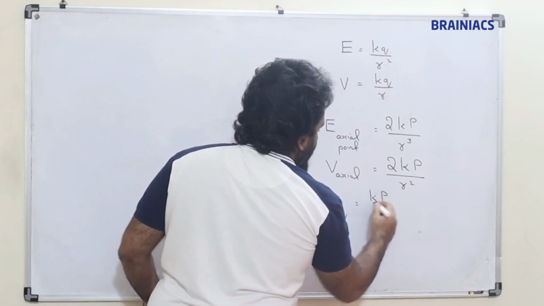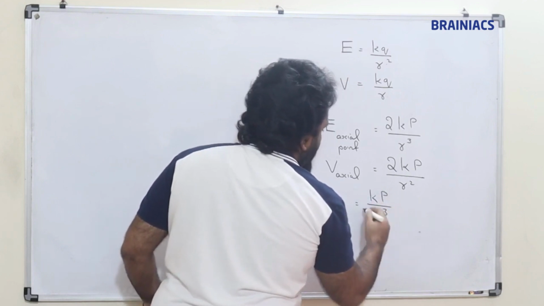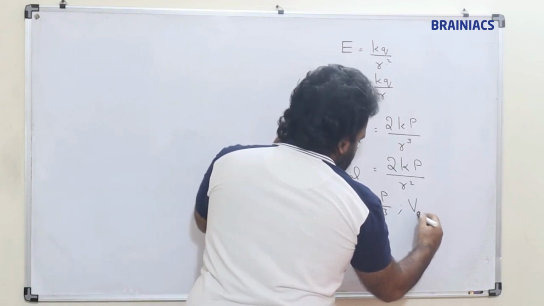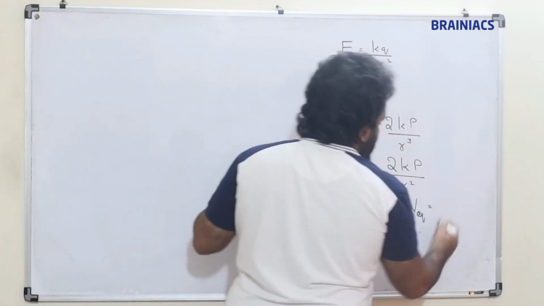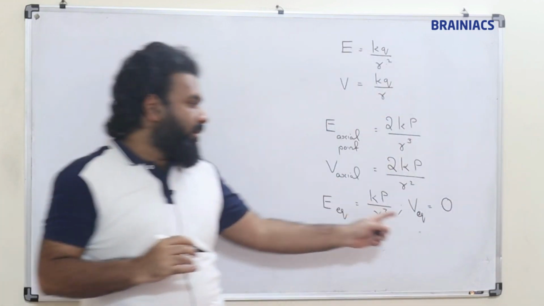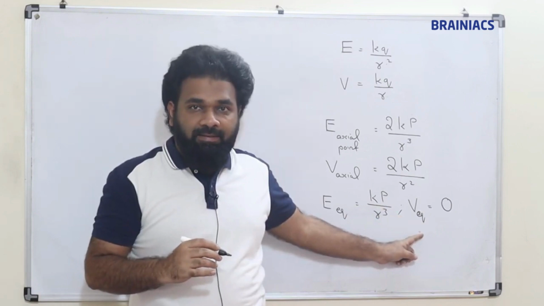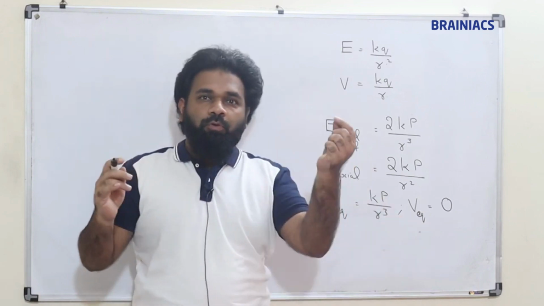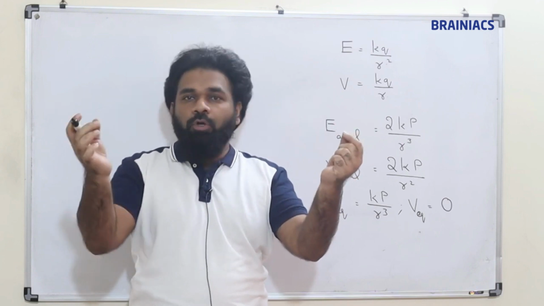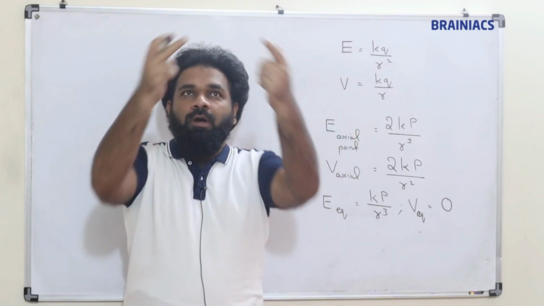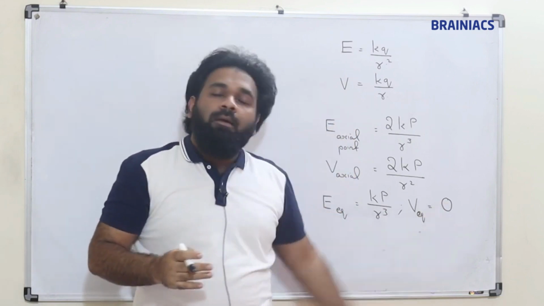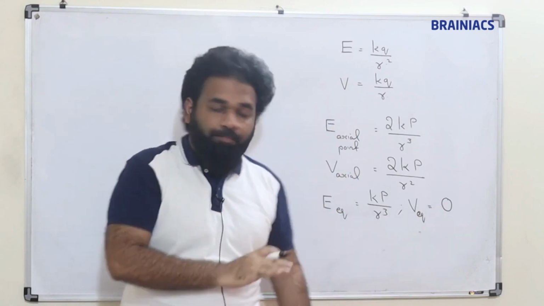Kp by r cube. Now the potential at the equatorial point is what? This was 0. You might be remembering, because this is not a vector, this is a scalar. So due to minus q negative, due to plus q positive, at the same distance, that will cancel, and the electric potential was 0.